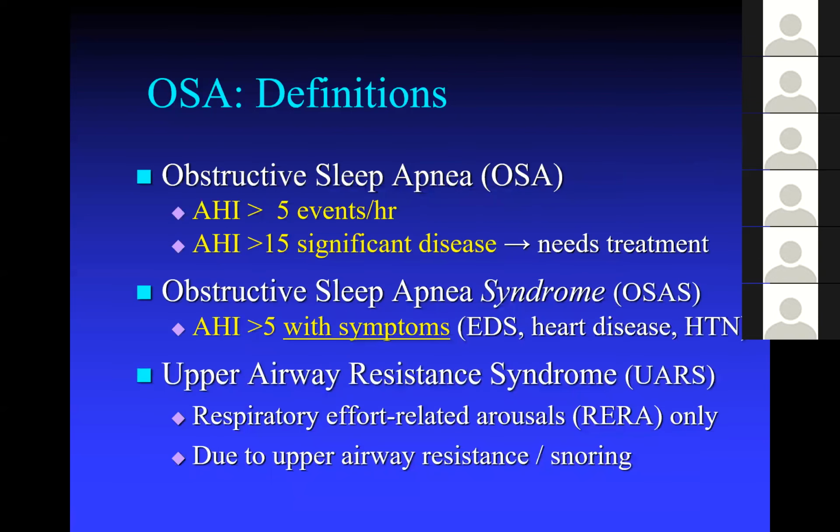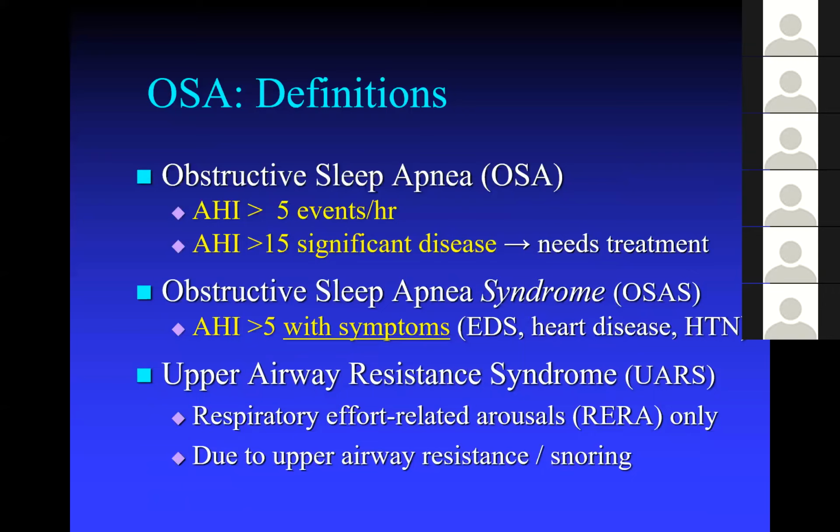And as I mentioned before, to treat obstruction that's 5 to 14 events an hour, you need comorbidities in order to justify treatment. Well, you can treat it, but many insurance companies will not pay for that. And then the upper airway resistance syndrome, we just talked about.